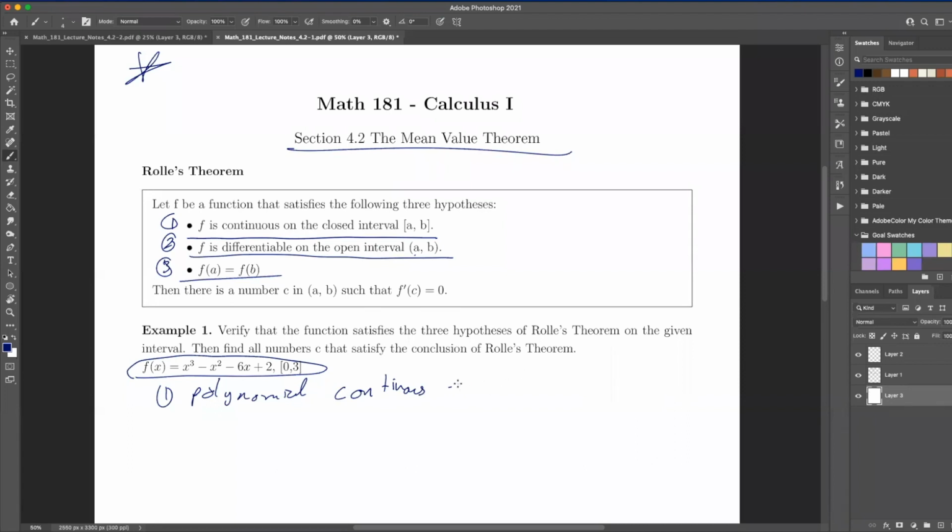Well, they're actually continuous everywhere. So polynomials are continuous everywhere. Condition 2: polynomials are differentiable everywhere.